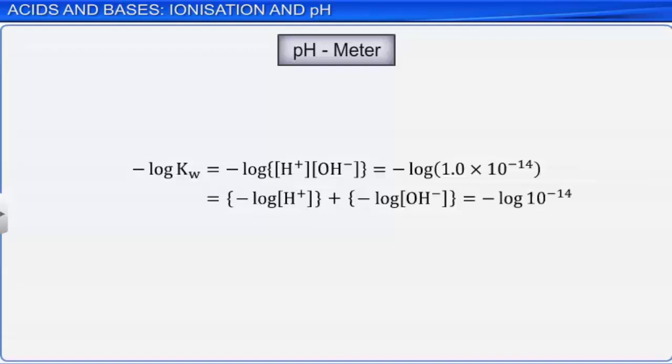As negative log of Kw is equal to pKw, negative log of H+ ion concentration is equal to pH, and negative log of OH- ion concentration is equal to pOH.